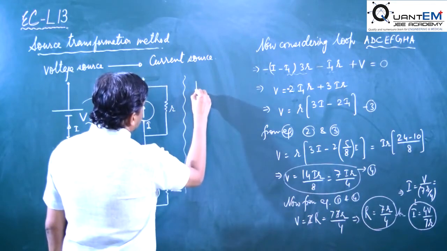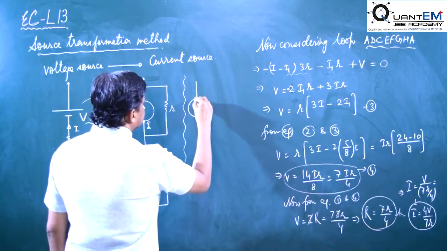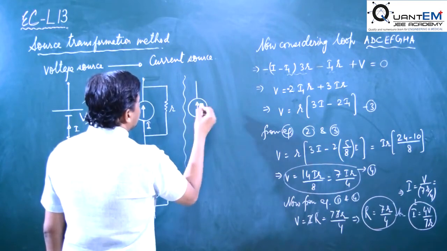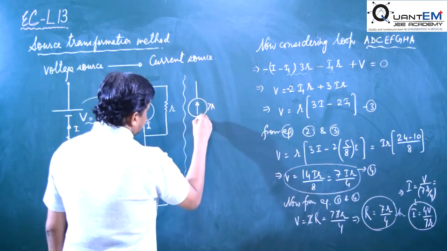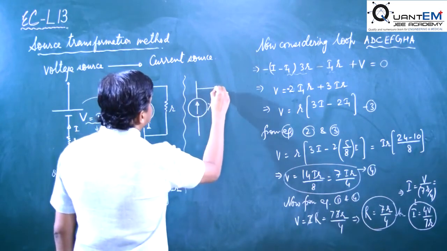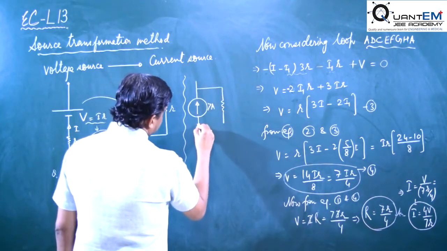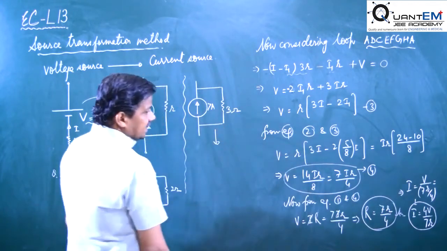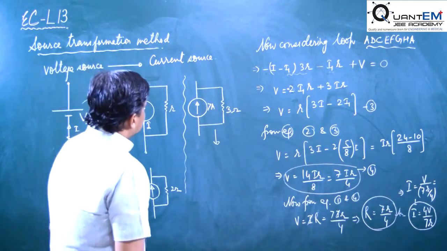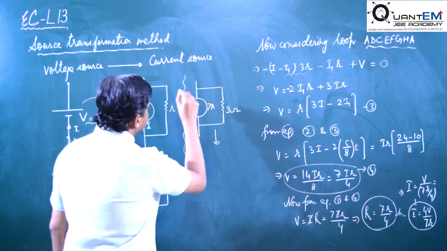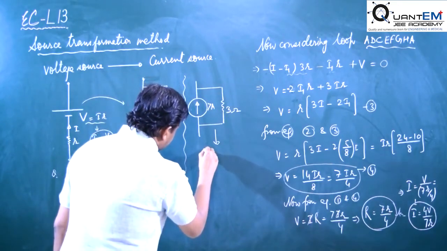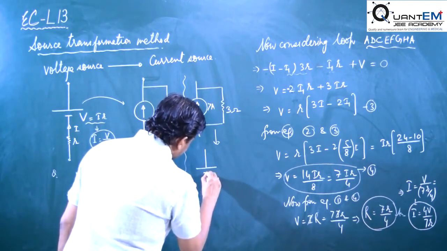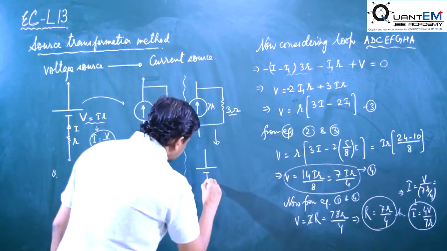Similarly, now we have a current source. Current flowing through this arm is 7 ampere and resistance in parallel we have 3 ohm. Now we have to convert this current source into a voltage source. So it is a voltage source of internal resistance 3 ohm.